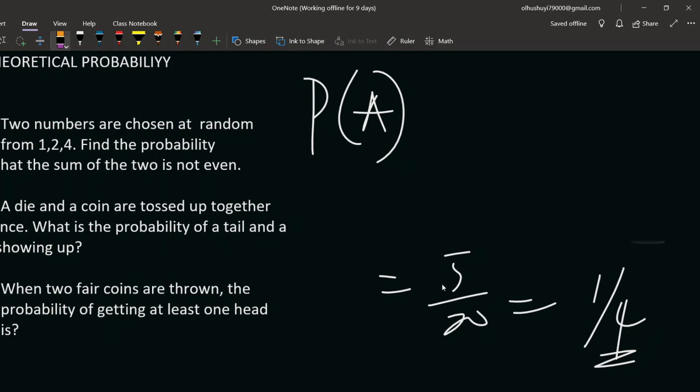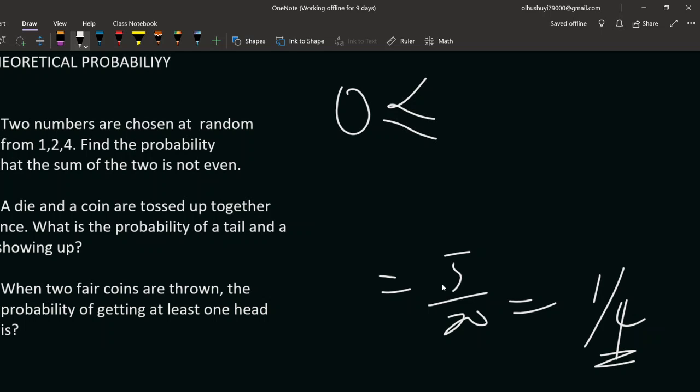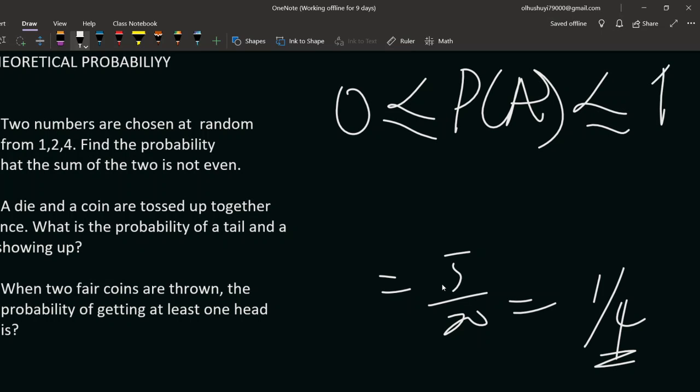And also note that the probability of A will be less than or equal to 1. It cannot be greater than 1. So I can equally say 0 is less than or equal to probability of A, where probability of A itself is less than or equal to 1.